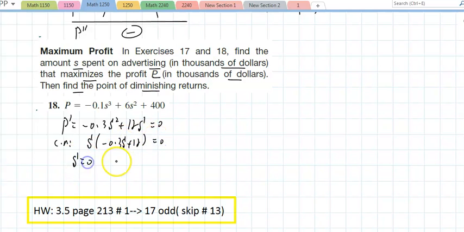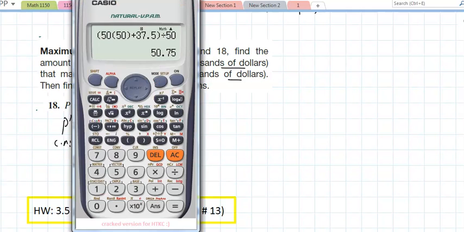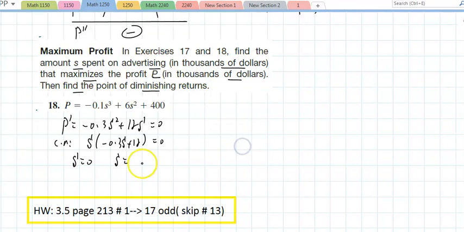Either s equals 0 or s equals 12 divided by 0.3. 12 divided by 0.3, that is 40. And if I do my testing, now, since I'm going to find the point of diminishing return, might as well, since I'm going to take a second derivative.